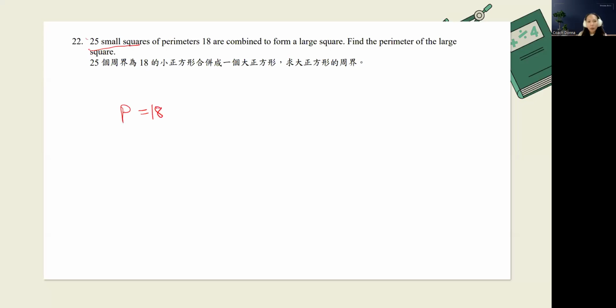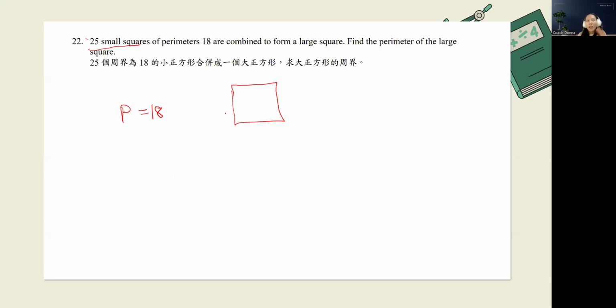Let's take note of that one. So if the perimeter is 18, that total perimeter is 18, this entire thing.